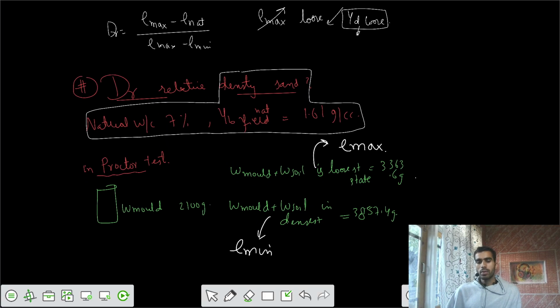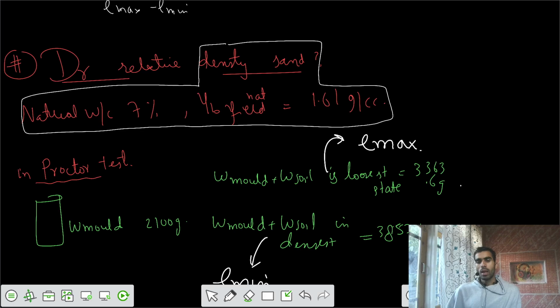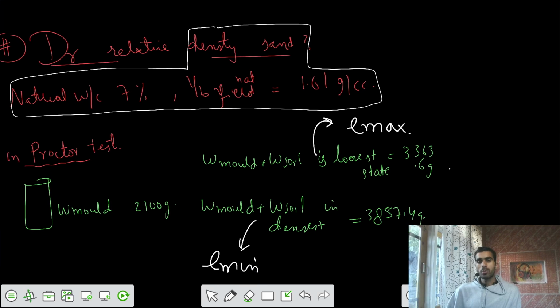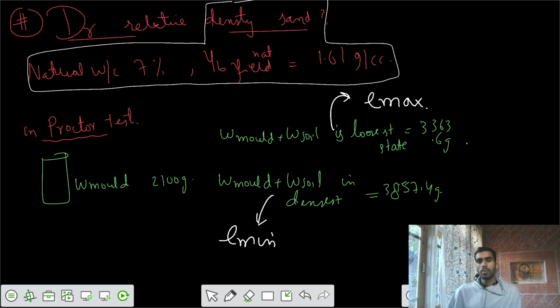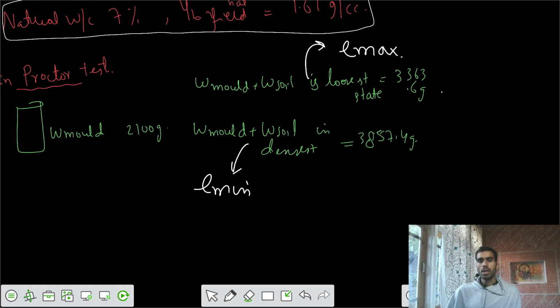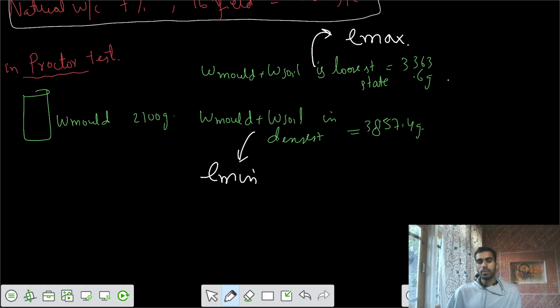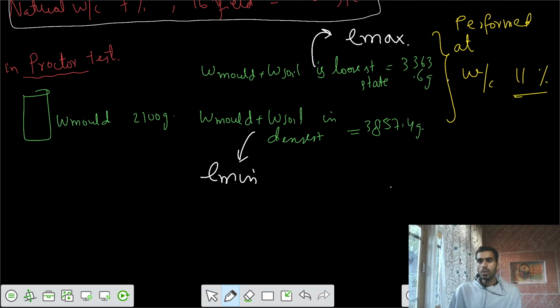We need to see whether the Proctor test was performed at a water content of 0 or at some water content. Based on that, we can get the gamma dry. It's mentioned that these tests were performed at a water content of 11%.